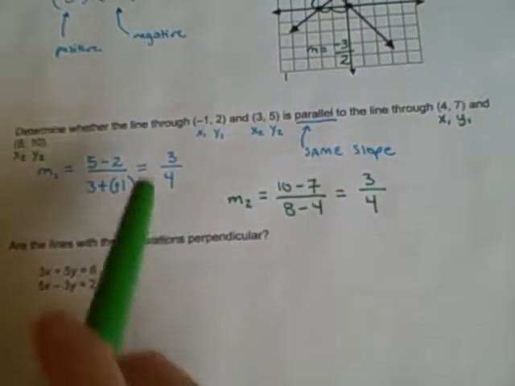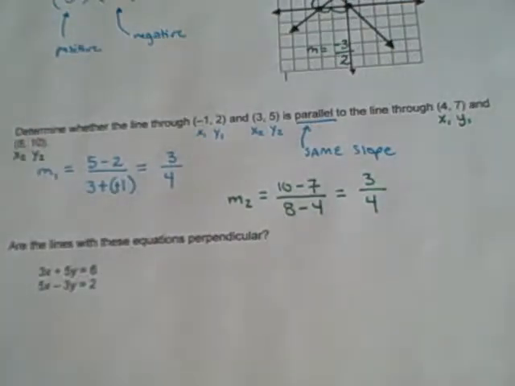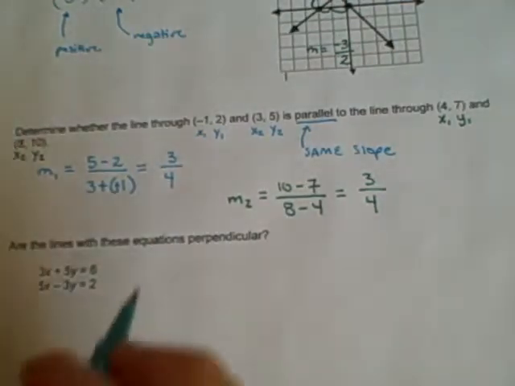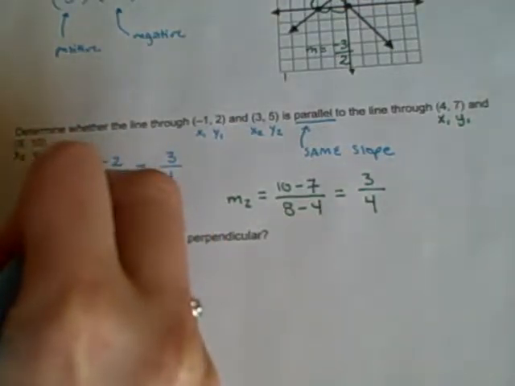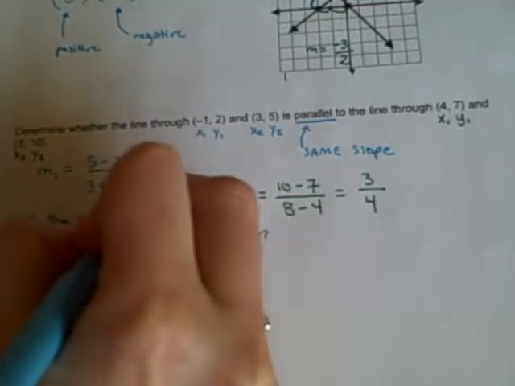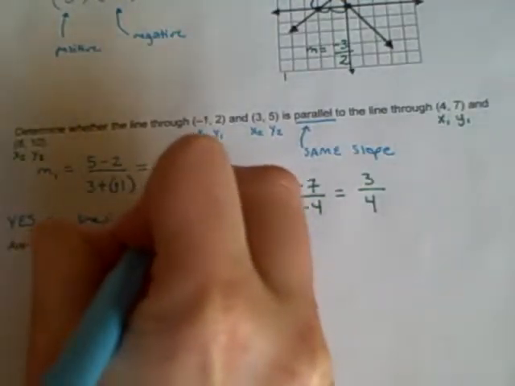So it looks like, yes, they do indeed have the same slope of 3/4. So these lines are parallel. So my answer would be yes, the lines are parallel.